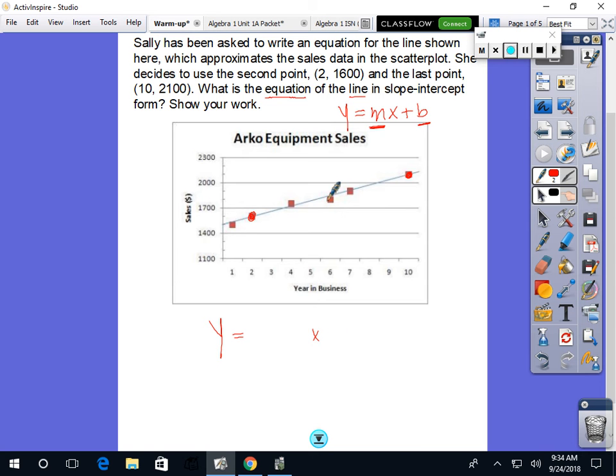Where does that line hit the y-axis? This is 1400. This is 1700. So this would be 1500, 1600. Doesn't it appear to hit at positive 1500? So that's your y-intercept.